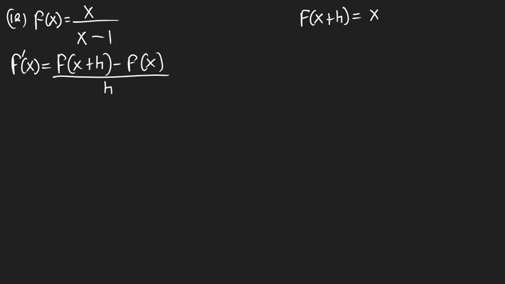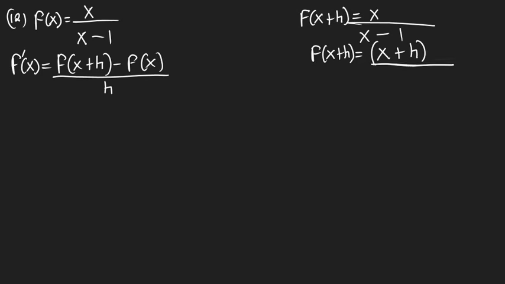So now we are going to find our f of x plus h. We have the equation there, which is x over x minus 1, then x plus h. Notice what I'm going to do. Where there is x, I'm going to replace with x plus h, even in the numerator, x plus h. Same concept. Okay, then of course our f of x was equal to x over x minus 1.